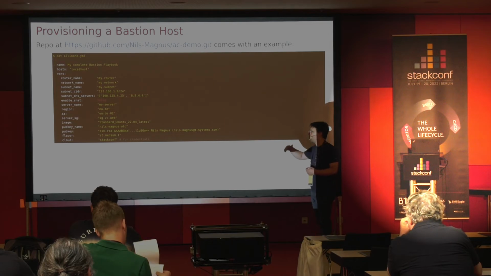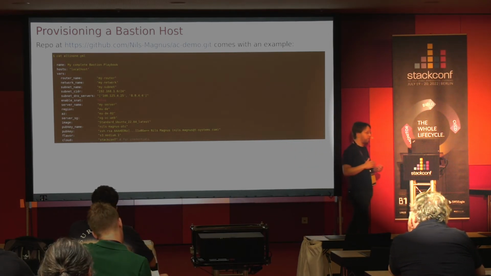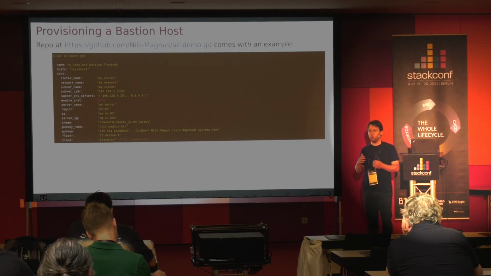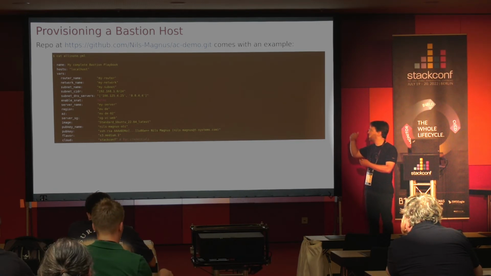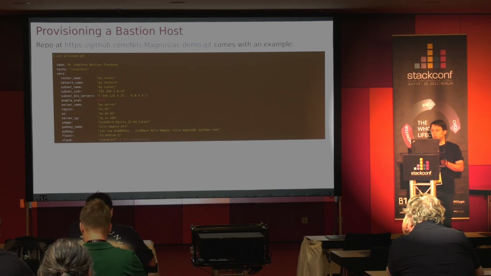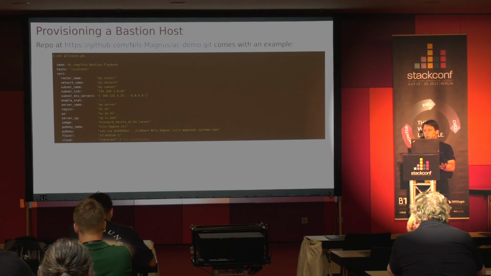So to make this example not too complex, I created some of the resources manually before. So for example, the router or the network or the subnet. But if you understand this example, you can easily extend this script to create all of them as well.